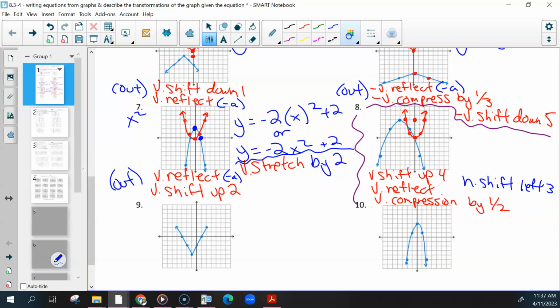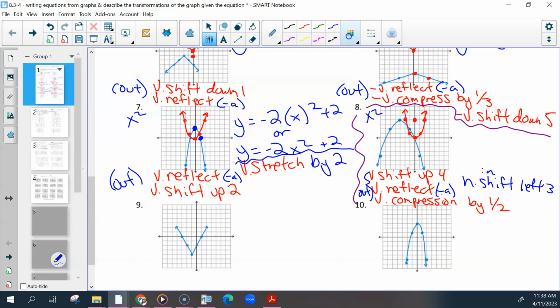Your horizontal is inside. So we have something for everything, basically. And again, I did not put this, but this is our U shape, so that's our quadratic, our x squared.